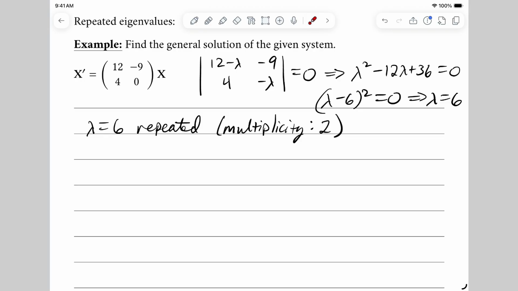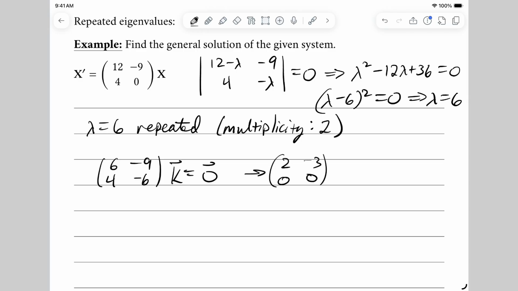Continuing with the procedure that we've gotten used to here, lambda equals 6 is going to be plugged into A minus lambda I, giving us the matrix [6, -9; 4, -6] times k is equal to 0. We can see that this boils down actually to [2, -3; 0, 0] times k is equal to 0.